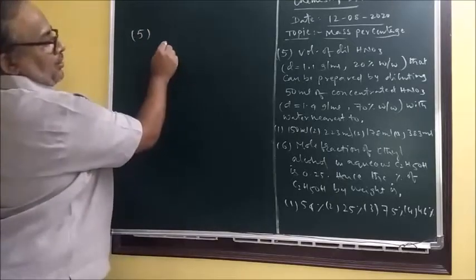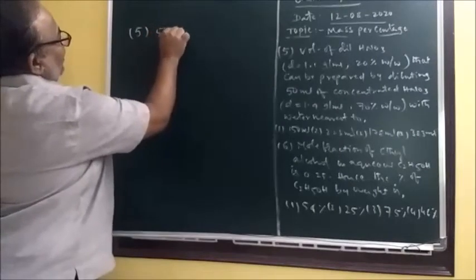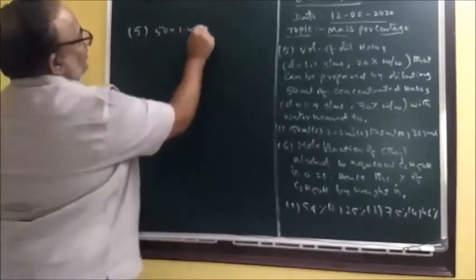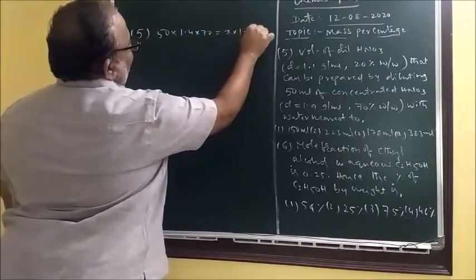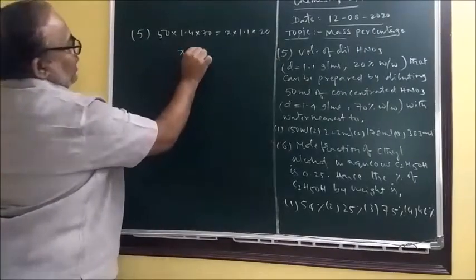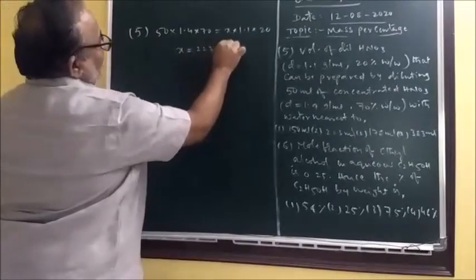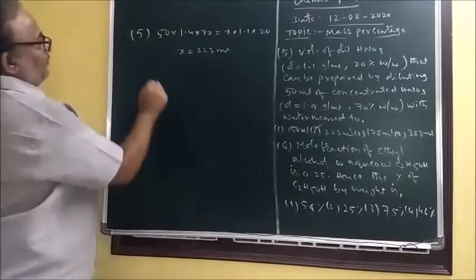So you observe volume of solution 50, its density equal to 1.4 into 70% is equal to x into 1.1 into 20. So x value on solving, you will get 223 ml. So therefore second option is correct one.